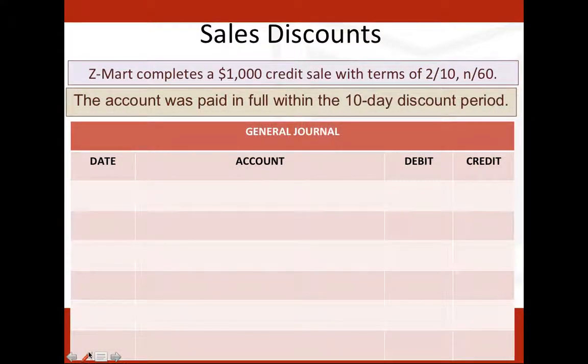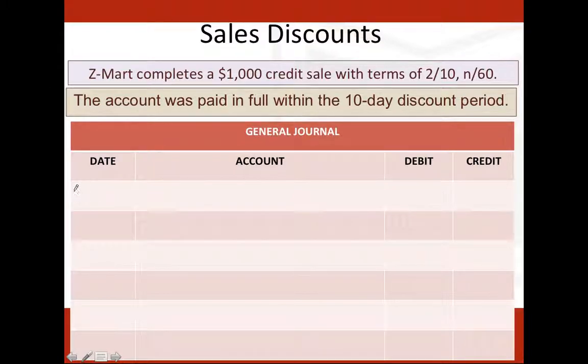It says Z-Mart completes a $1,000 credit sale with terms of 2/10, n/60. The account was paid in full within the 10-day discount period. So we've already seen that entry for the $1,000 credit sale. It was on the slide before. Let's just focus on what happens when they pay us within that 10-day discount period. So I believe the sale was on November 12th.